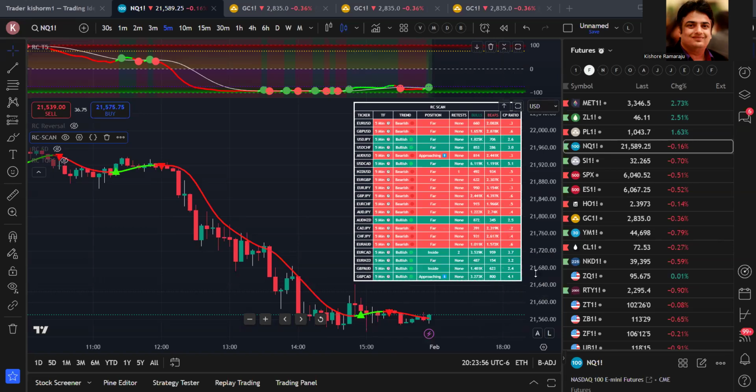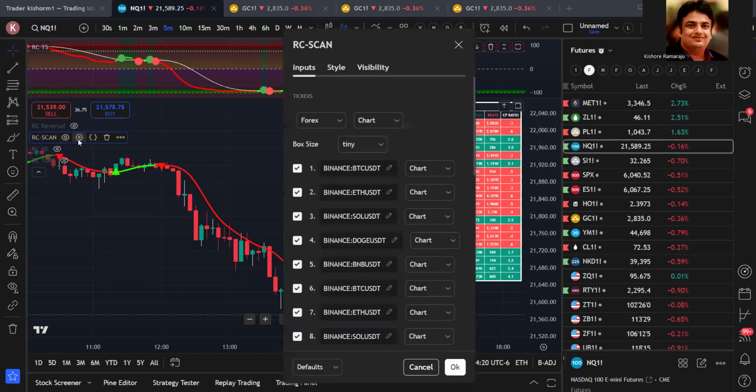For GBP CAD, there are nearly 3.2 thousand buyers, but only 800 sellers. So now you know GBP CAD is approaching a bullish order block. That means very good to buy it, go long on this. If AUD USD is approaching a sell order block, then it is very good to take a short.